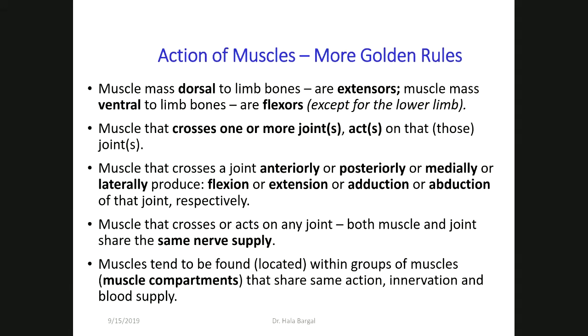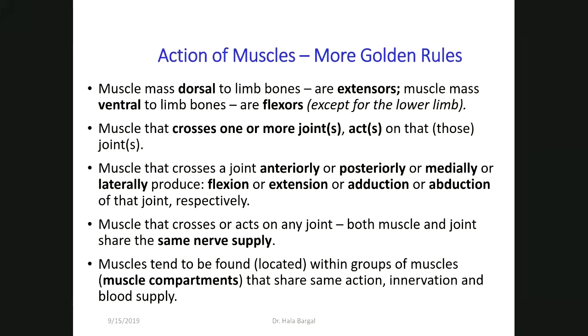Muscles that cross or act on any joint, both the muscles and the joints share the same nerve supply. Very important: the muscle which will flex the elbow will have the same nerve supply as the joint.